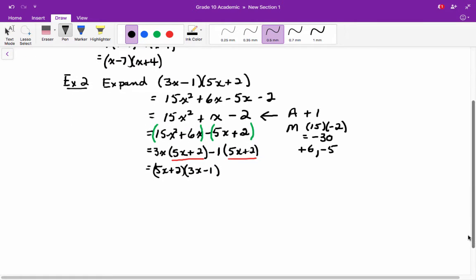So in example 3, we're not going to start with the brackets. We're just going to factor. Let's say we've got 5x squared minus 8x minus 4.